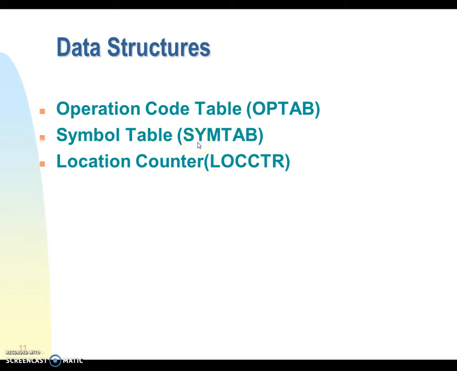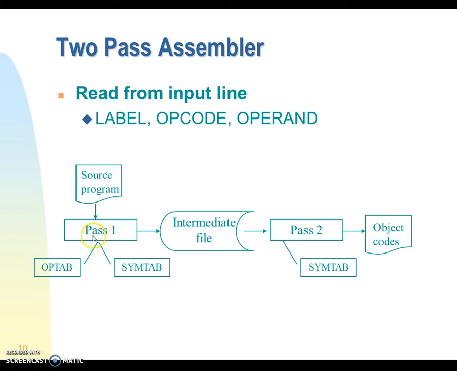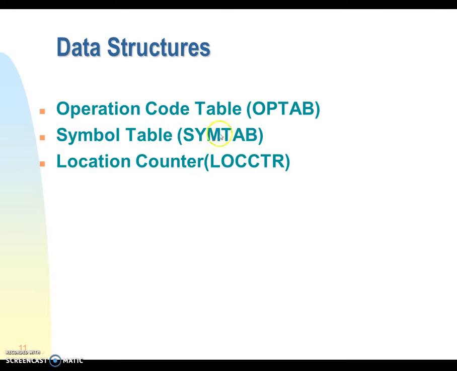The symbol table is generated during pass 1. Pass 1 refers to the opcode table, which is a predefined database, and generates the symbol table. It searches for all the labels, places them in the symbol table, and assigns addresses to all the labels or symbols during pass 1.